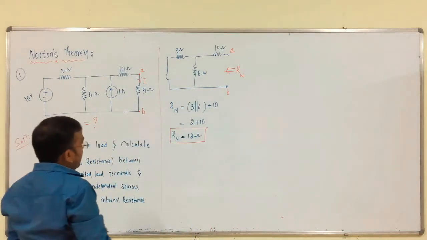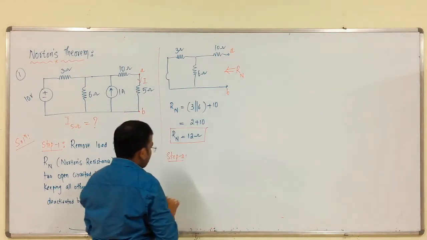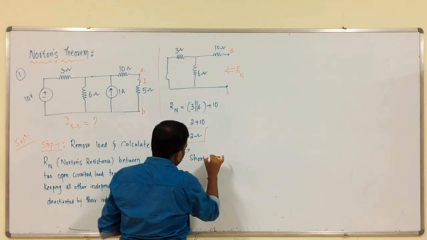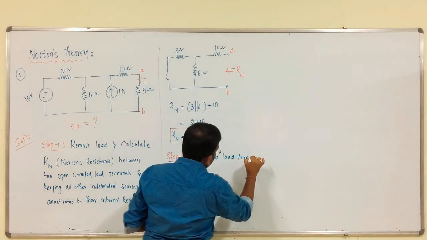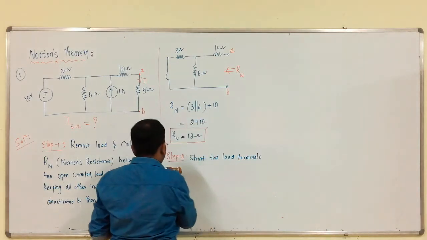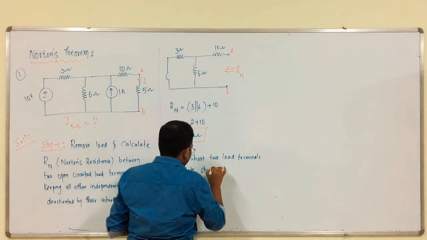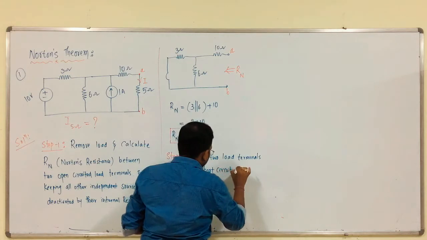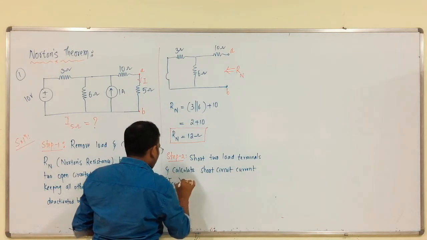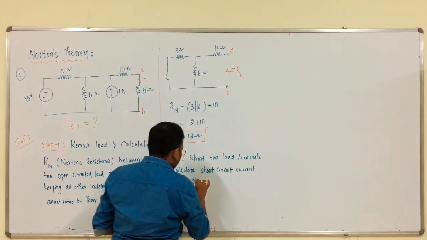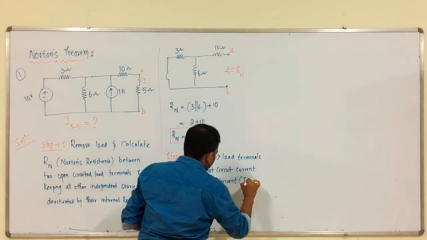That is it. Next, step 2, that is, short the two load terminals and calculate the short circuit current, that is ISC, or it can be called Norton's current, IN.